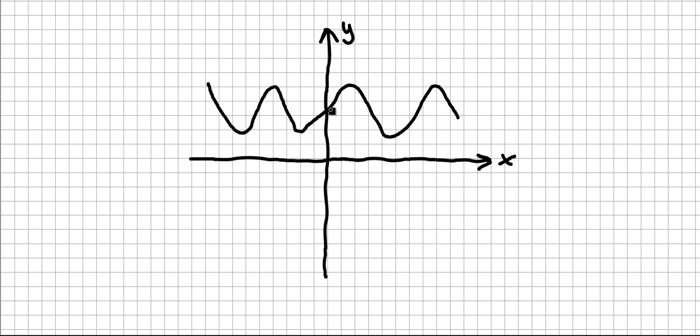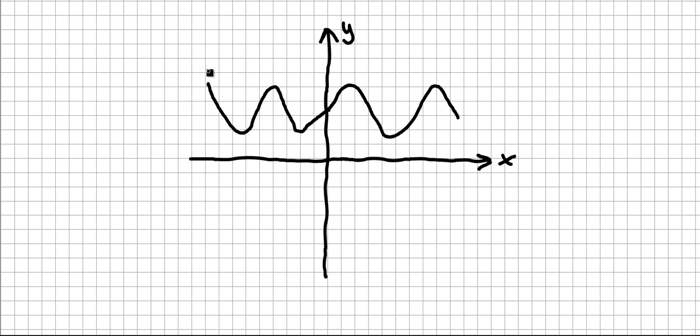Is it even? No, because here it would continue like this, to reflect this part. So it's not even. Is it odd? Well, remember, it has to be rotated around the origin 180 degrees. So this part would be down here and then continue like this. So this function is neither.